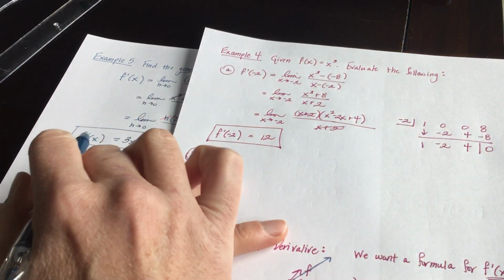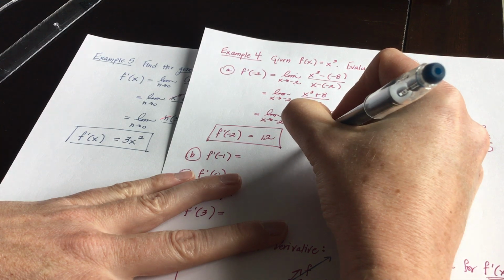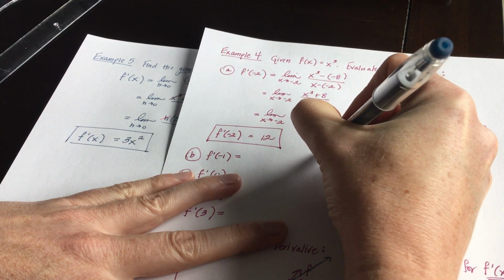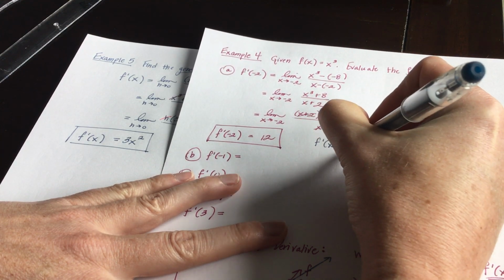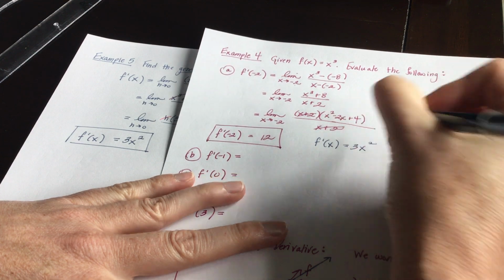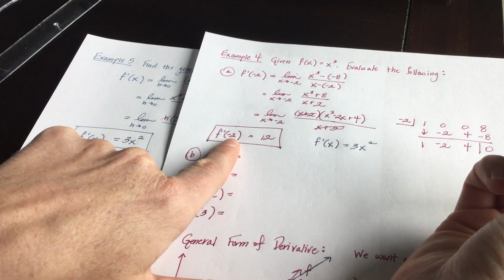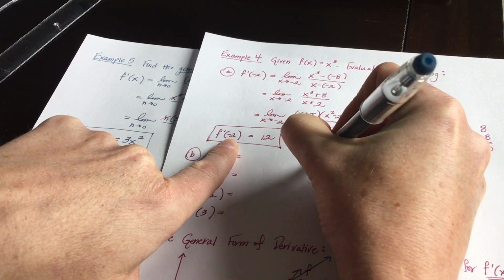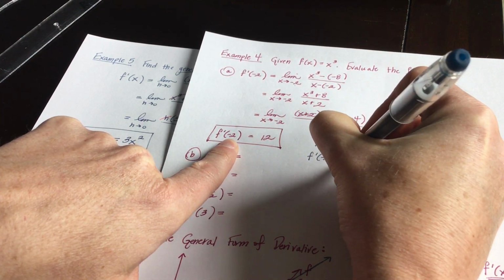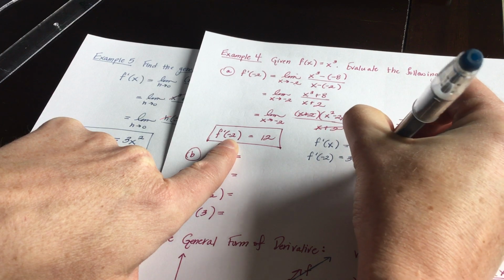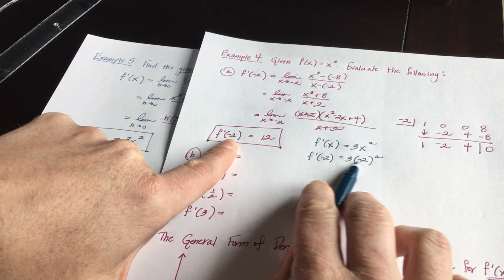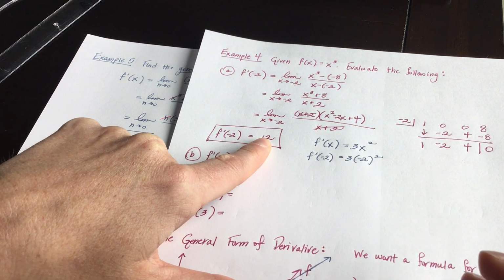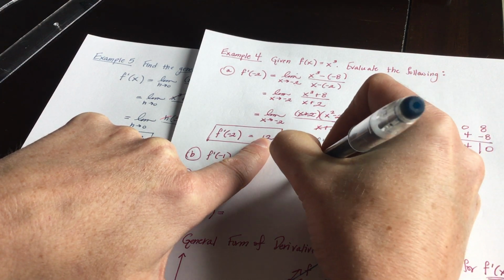Well, what if we had done example 5 and found out that the rule for the slope of a tangent line at any x value is 3 times your x value squared. So let's check and see, according to this, what would f prime of negative 2 have been? Well, it would have been 3 times negative 2 squared. And does that equal 12? Surprise, surprise, it equals 12.